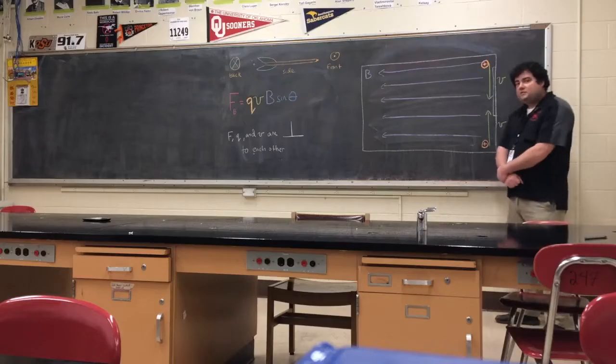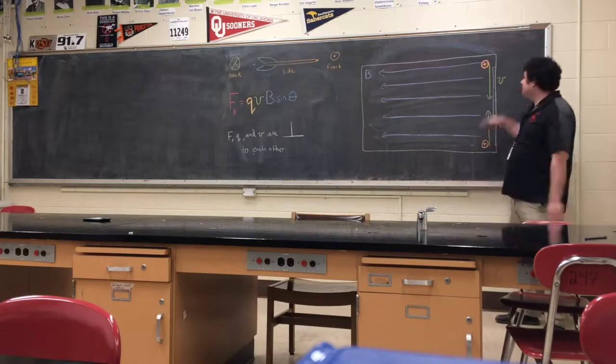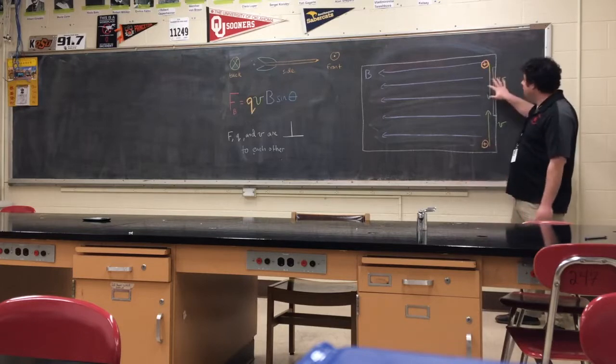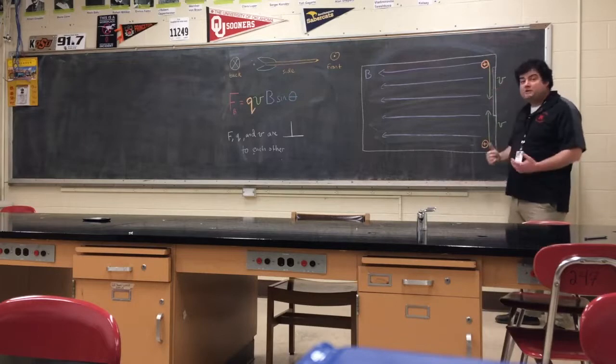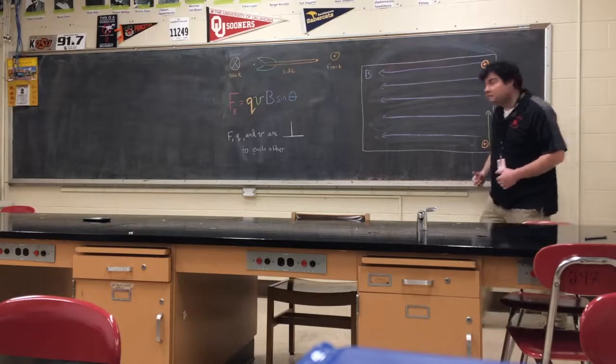So the idea that you're having mutually perpendicular forces is actually really weird. And just to demonstrate how weird this is, I want to pretend that I am a charged particle. I'm such a positive person, I'm going to make myself positive. And I'm going to run with a certain velocity. And we're going to figure out what kind of force we have on me using the right-hand rule.